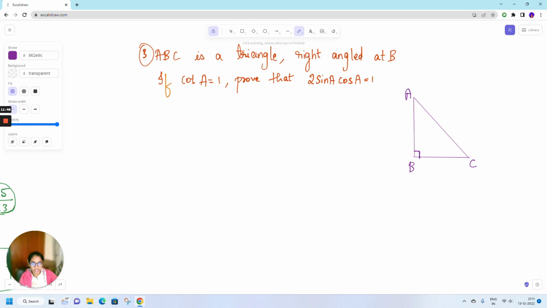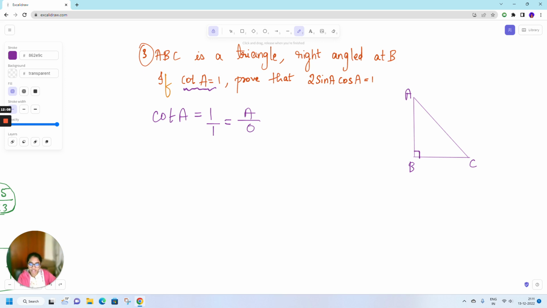They have given us one value. Which value have they given us? Cot A. What is the formula for cot A? We know that tan A is opposite divided by adjacent. So cot is the reciprocal of tan, which would be adjacent by opposite.